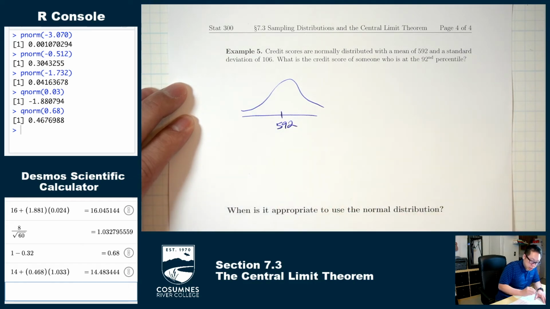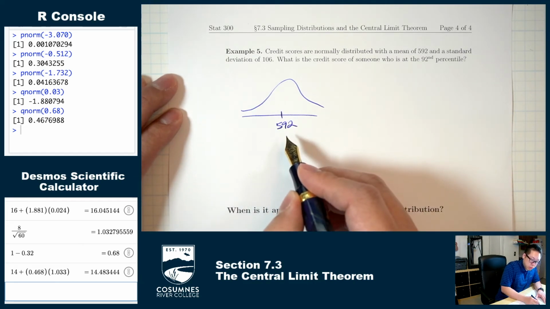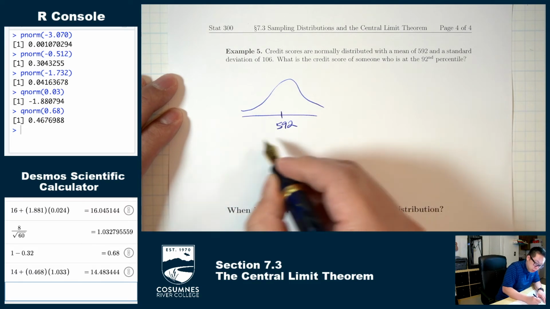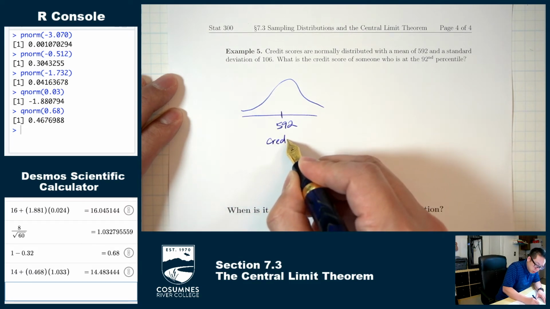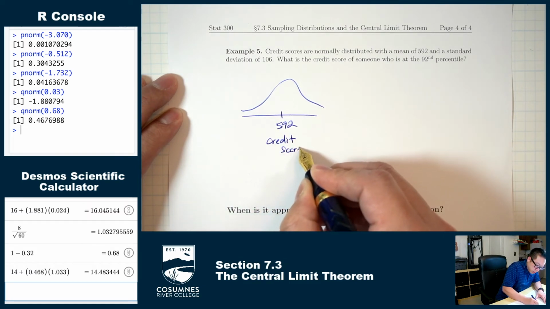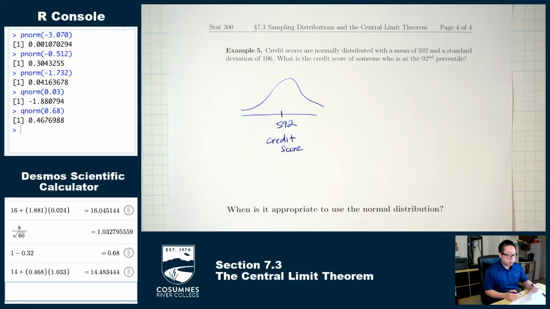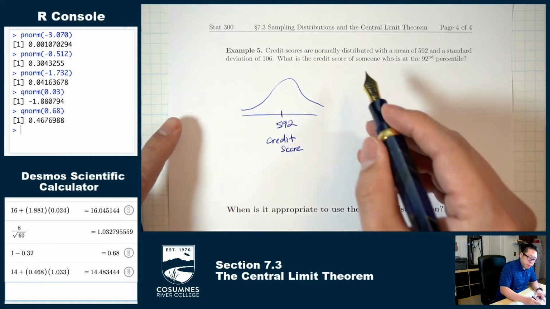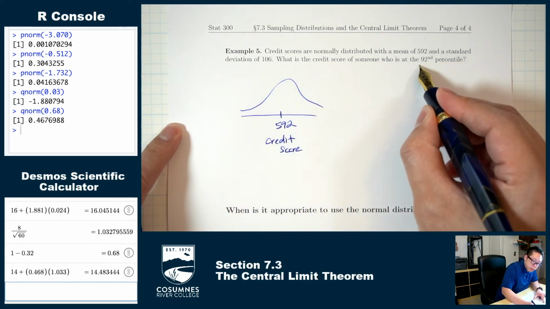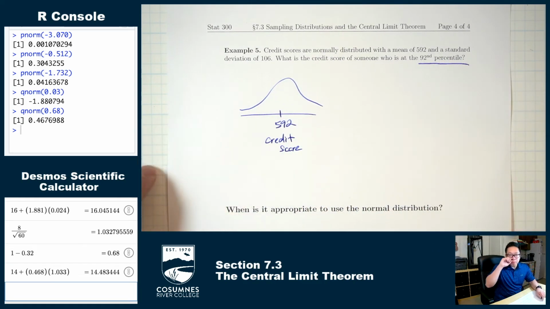And then label this x-axis. This 592 stands for the credit score, so these are credit scores on the x-axis. And then decide whether this is an x to area or an area to x problem. Now, 92nd percentile means 92% of the data is below.